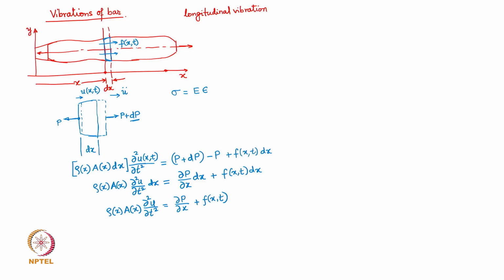This will still apply there. What is the stress? That stress is going to be P over A(x), P at position x, and is equal to E(x), the Young's modulus, times the strain. How much is going to be the strain in this element?